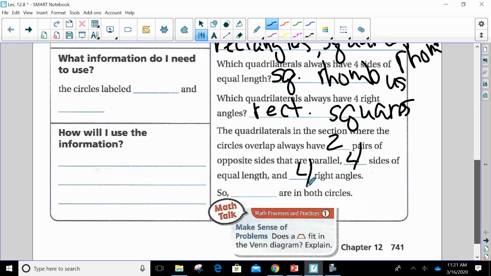So basically we know that squares are in both circles. And I've always said squares are rhombuses and squares are also rectangles. They can be both. Okay. Let's go on.